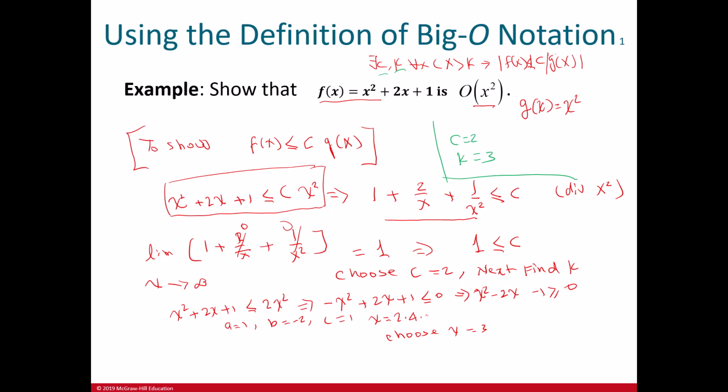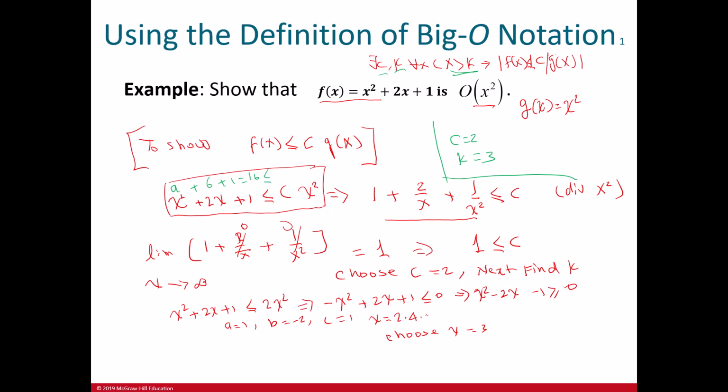If you want to double check, you can plug in 3 or more, because remember the definition says whenever x is greater than k, so greater than 3, but we choose a number that's enough. If you plug in here, we have 3^2, which is 9, and 2 times 3 is 6, plus 1. So this side is equal to 16.